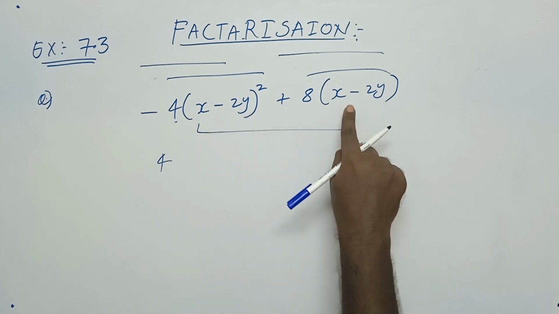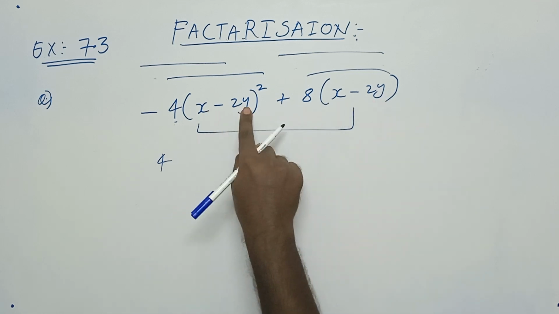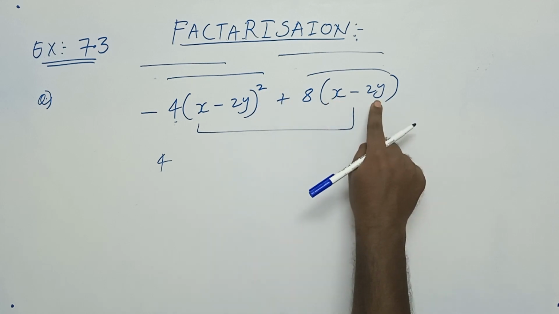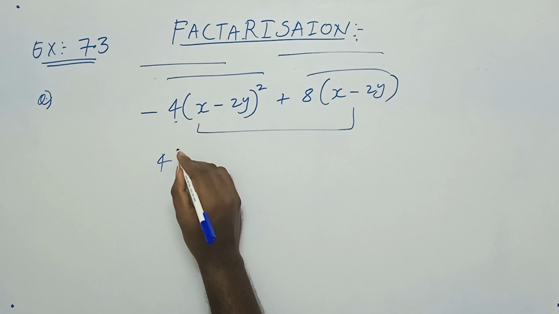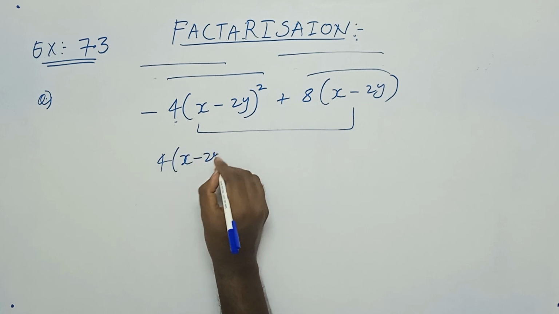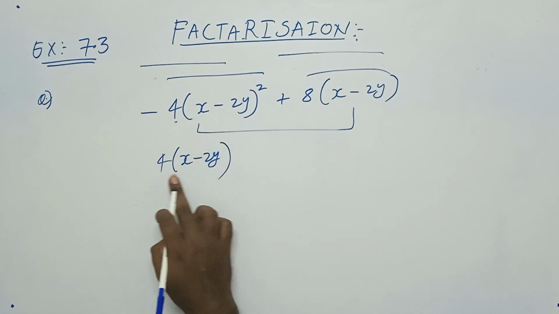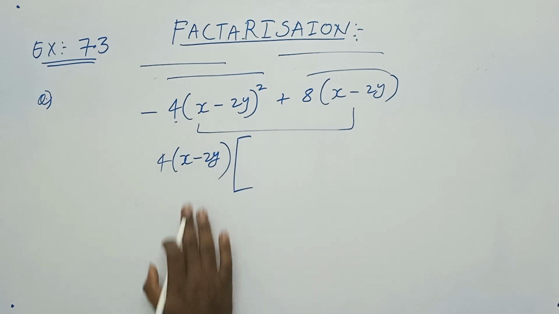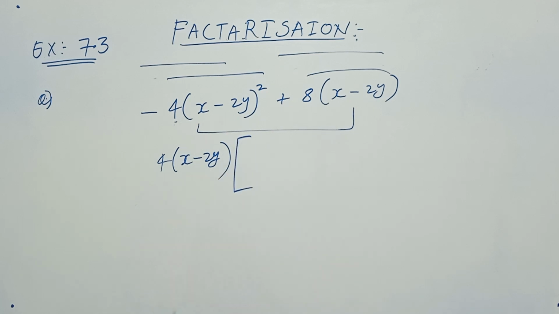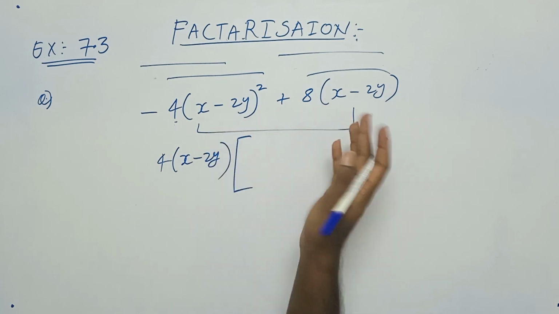Then x minus 2y whole square and x minus 2y. What is the HCF? The HCF is x minus 2y. So 4 times x minus 2y is our common value. So we have taken common; there is no other term to take common.